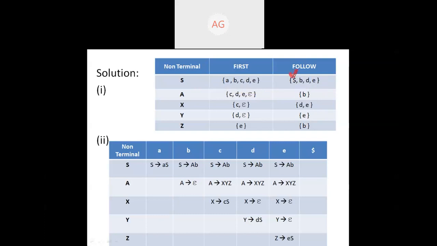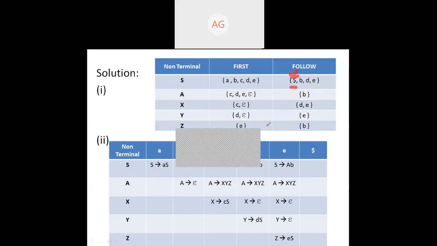Many of the students have not included dollar in your answer. So this has to be included in the follow of the first symbol. And these are the first symbols of the rest of the non-terminals, and these are the follow symbols.